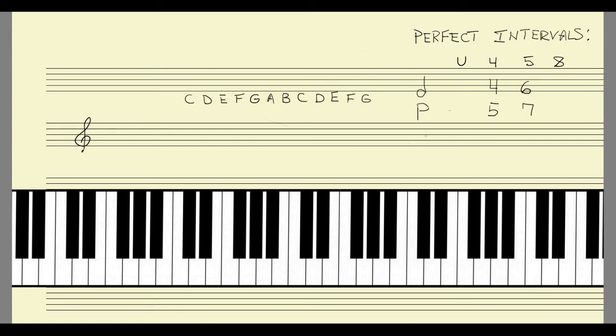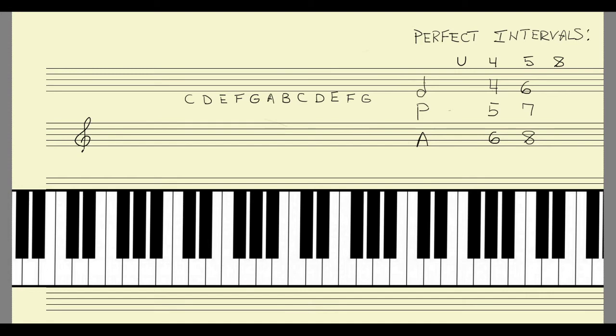Just like the diminished is always 1 less than the perfect, the augmented version is going to be 1 more. So if a perfect fourth has 5 half steps, an augmented fourth is going to have 6 half steps. If a perfect fifth has 7 half steps, an augmented fifth is going to have 8 half steps.